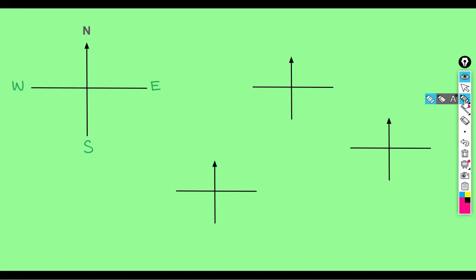I don't care if you're facing south. When I tell you to turn on a bearing, you have to turn north first. Align yourself with north, because north is always considered 0 degrees. And in bearings, you are only allowed to turn clockwise.